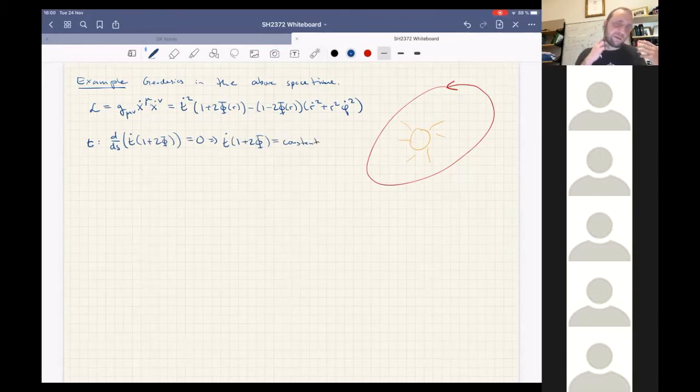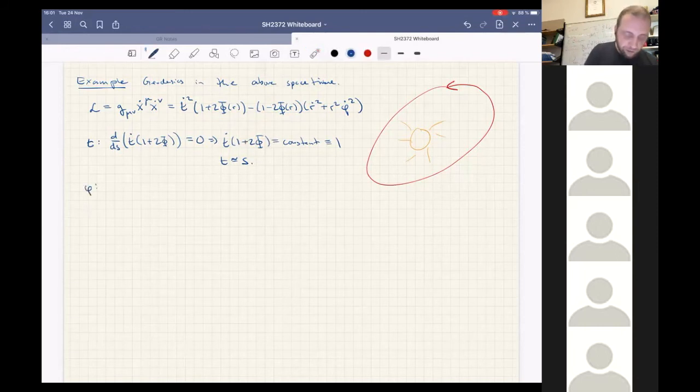And as long as I'm constraining myself to slow-moving objects, objects moving much slower than the speed of light, this constant is going to be equal to 1. So this is going to tell you that t is equal to the proper time. This is what we expect for an object in Newtonian physics, that t, the proper time, is actually the time coordinate. Well, there should be an approximate sign here, but as long as this potential is much smaller than 1, we're fine.